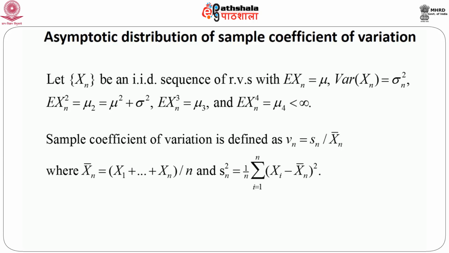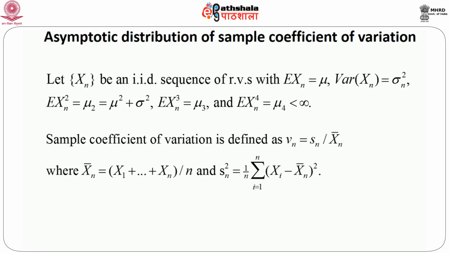So, let Xn be an IID sequence, that means independently and identically distributed sequence of random variables with expectation of Xn equals mu, variance of Xn equals sigma square, expectation of Xn square equals mu 2, which is nothing but mu square plus sigma square. We also define expectation of Xn to the power 3 as mu 3, and expectation of Xn to the power 4 as mu 4, which we assume to be finite.